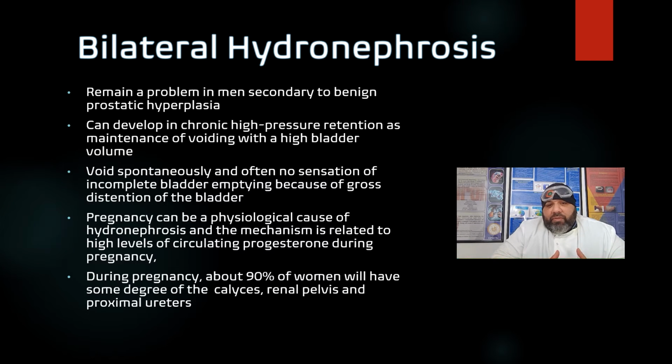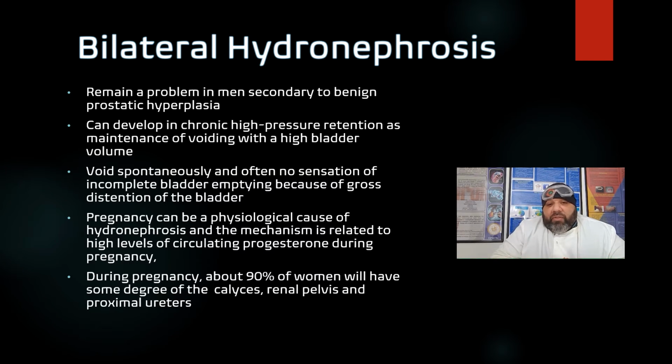It can develop in high pressure retention, as maintenance of voiding with a high bladder volume, voiding spontaneously, and often where there's little or no sensation of incomplete bladder emptying because of gross distension in and around the bladder.